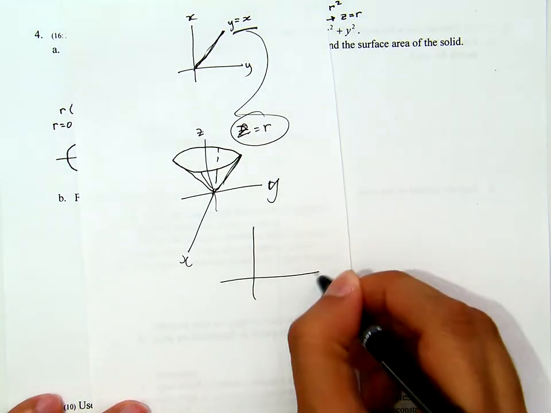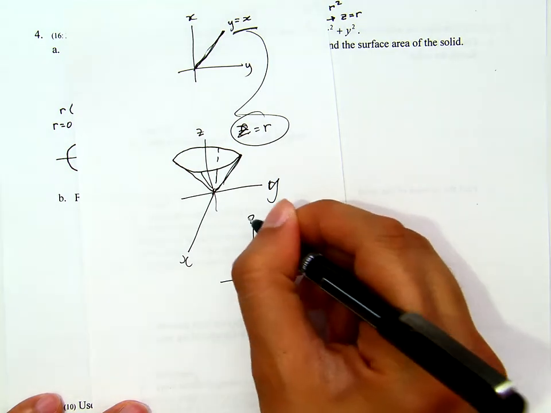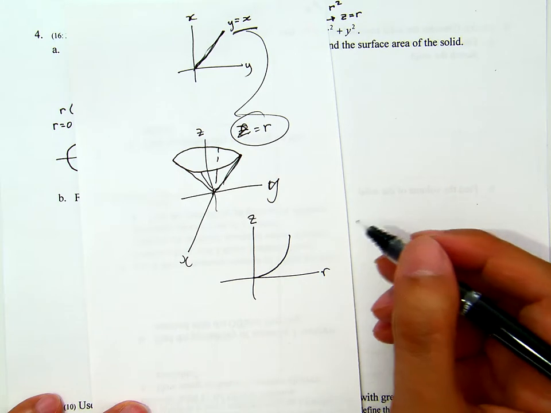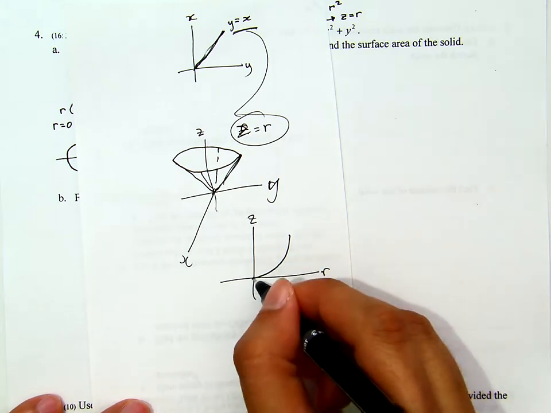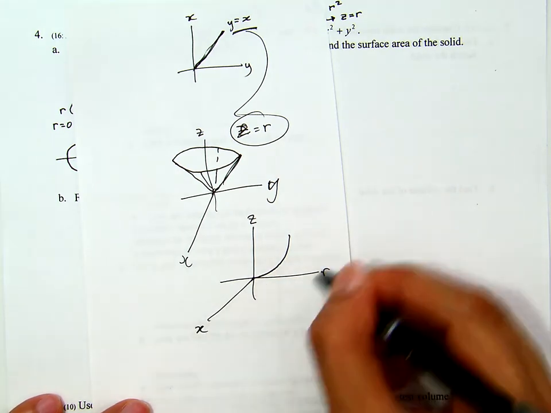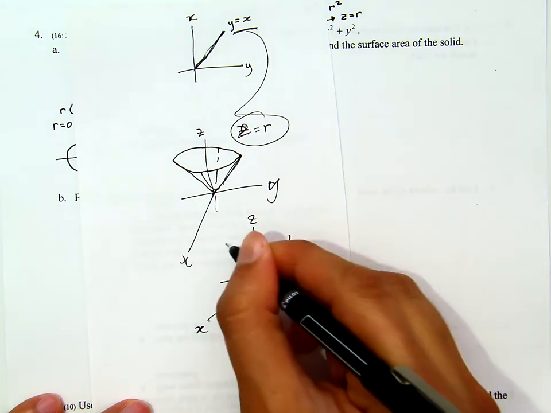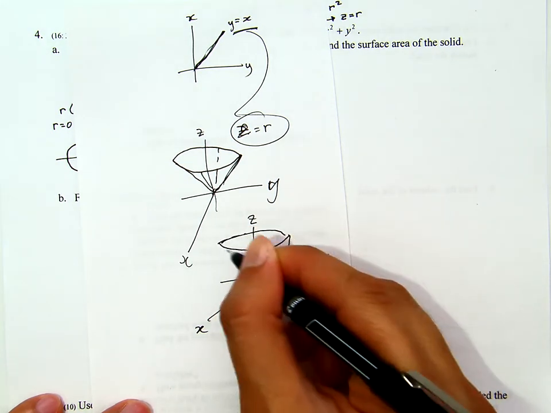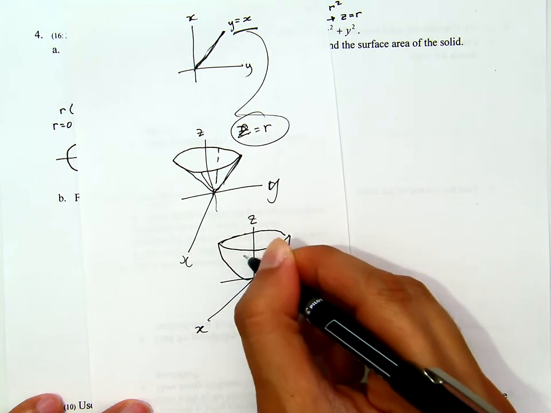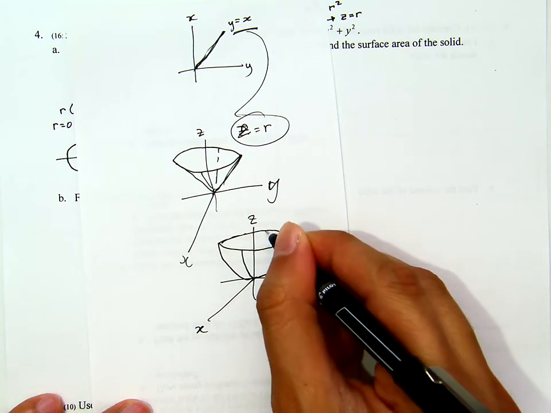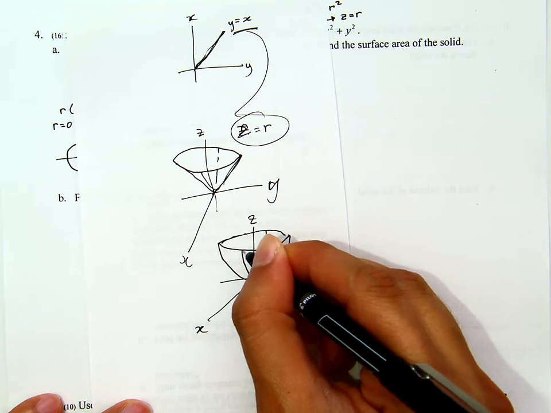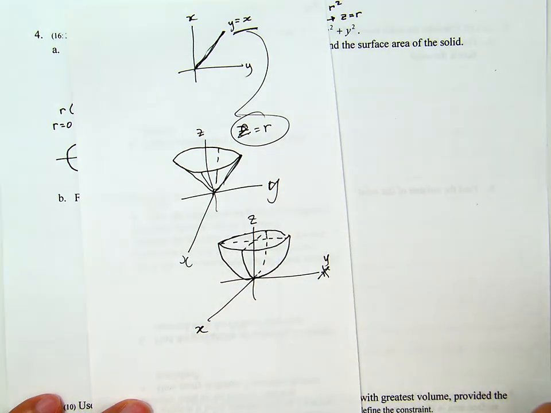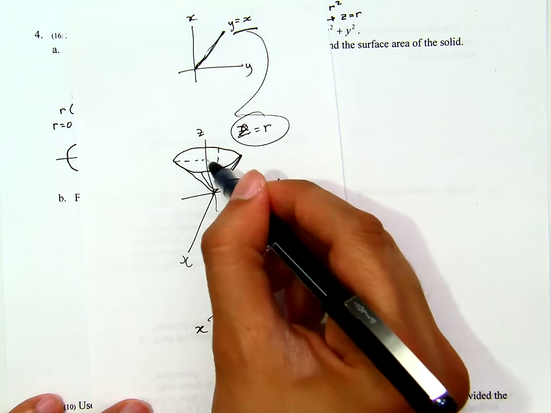This thing here, the r and z equals r squared, right? Now in a 3-dimensional sense, this later on becomes x and this later on becomes y. I revolve this around the z-axis. That's actually a paraboloid, right?